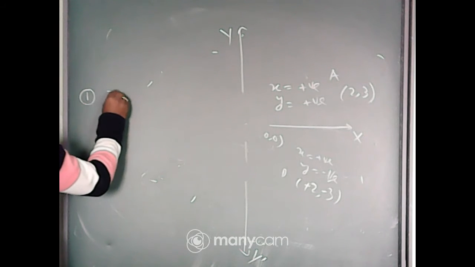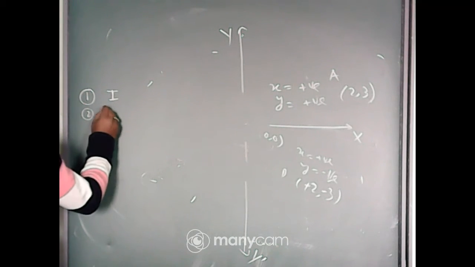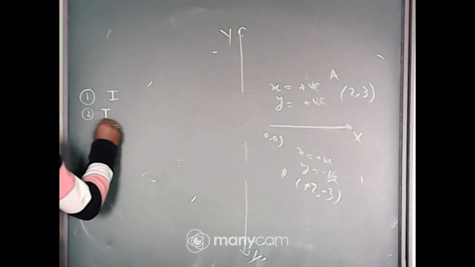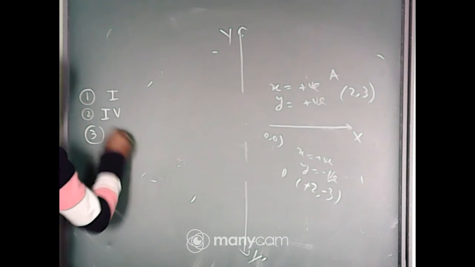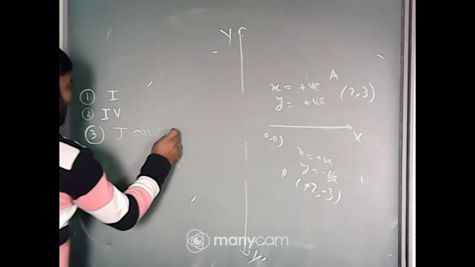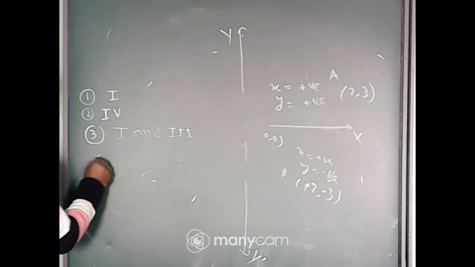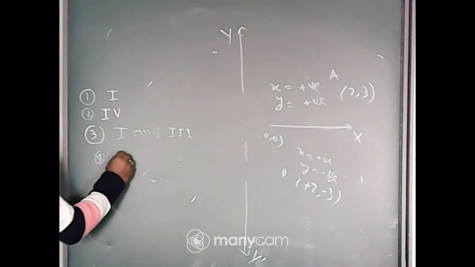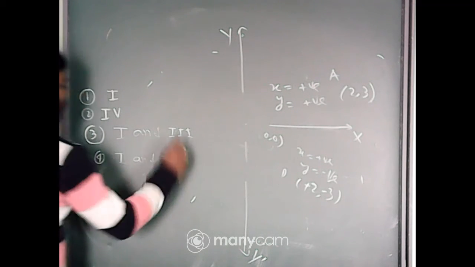Option 1, first quadrant. Option 2, fourth quadrant. Option 3, first and third. Option 4, first and fourth. Okay.